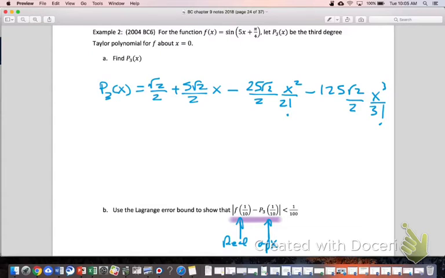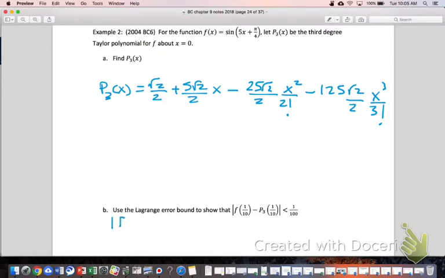So what the Lagrange error bound allows us to do is essentially bound the error and say that the error cannot be any more than such and such. So we're going to say this is the highest the error could be. Another way to look at it is that this is the worst the approximation could be, or the most off that we could be. I'll go with their notation.